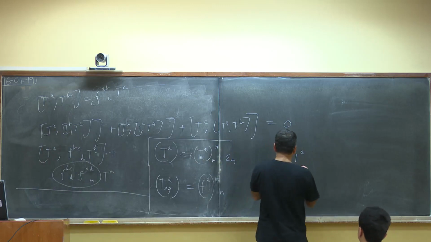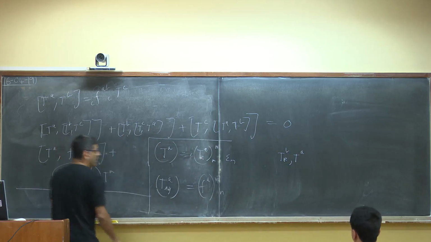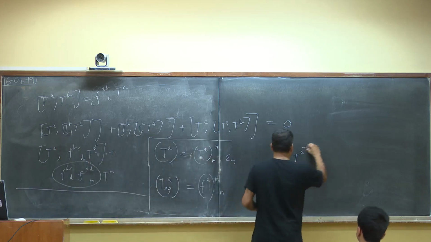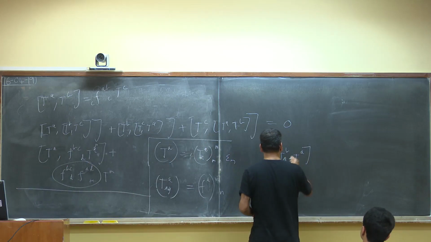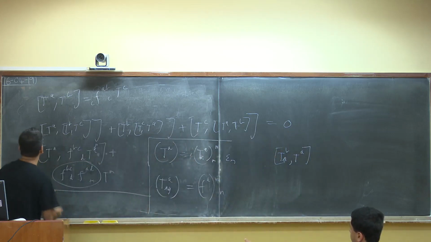TB adjoint, TA adjoint, and the commutator structure, it's TA times TB acting on TC.